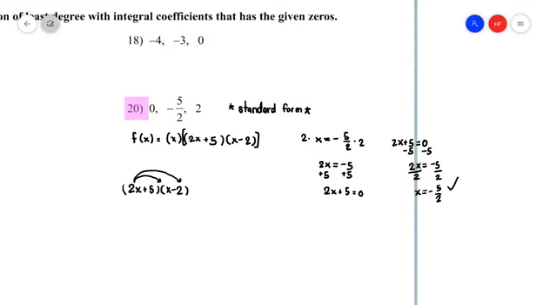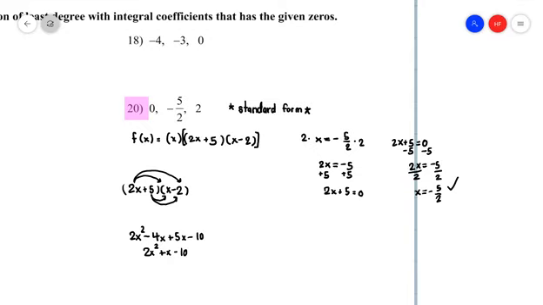So 2x times both of those terms, 2x times x is 2x squared. 2x times negative 2 is negative 4x. 5 times x is 5x. 5 times negative 2 is negative 10. I have like terms in the middle there. So 2x squared minus 4x plus 5x, which is 1x, and then minus 10.